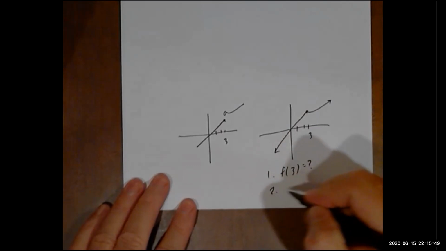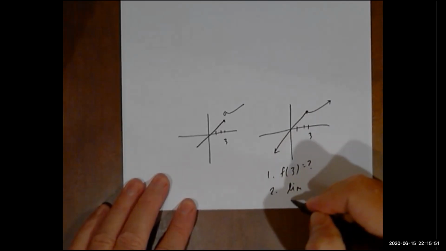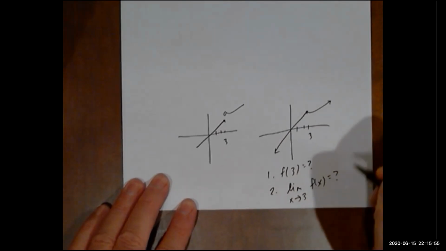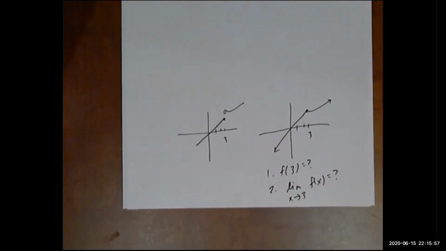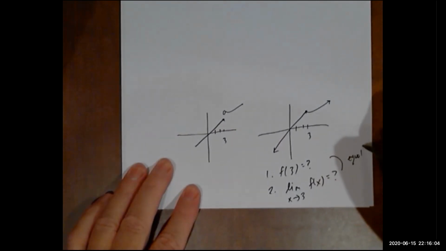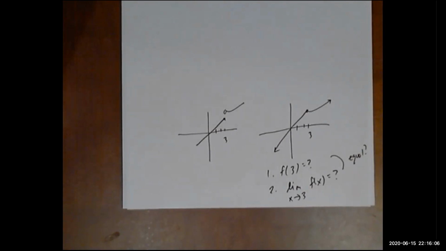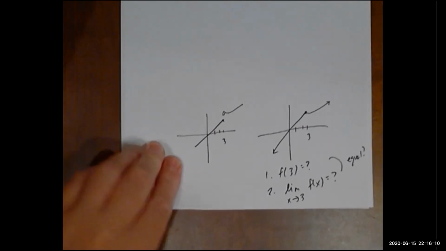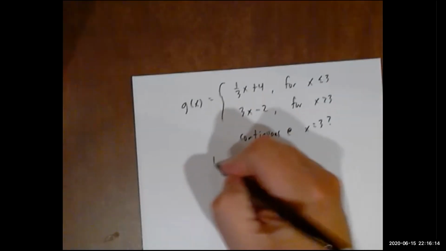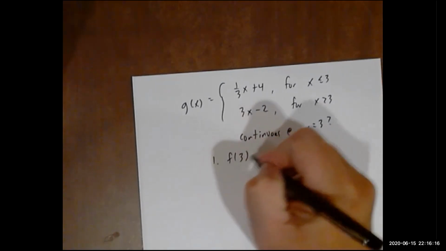And then we're going to take the limit as x approaches 3 of the function. And then we ask the question, are those two equal? So the first part, what is the function when x is 3?